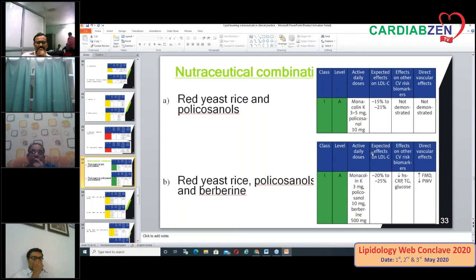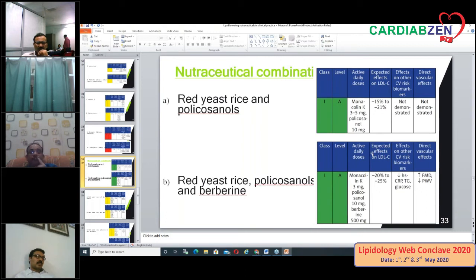Red yeast rice and policosanols are both class 1 and level A indication, though they are used basically as red yeast rice and berberine. They have both direct vascular effect, cardiovascular benefits are there.